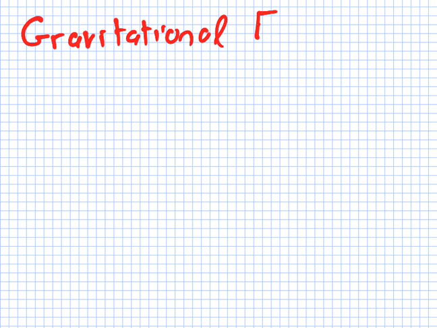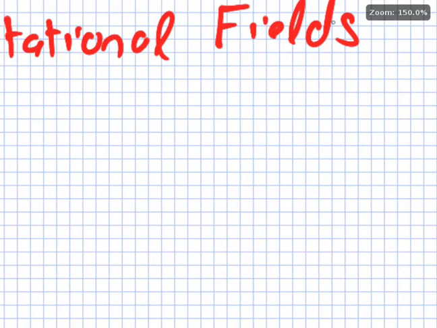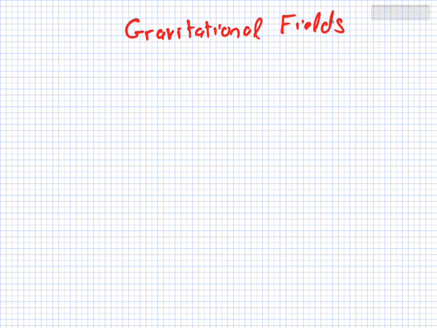So what we're going to look at today is gravitational fields. So the first thing we have to do before we even start is say exactly what a field is.